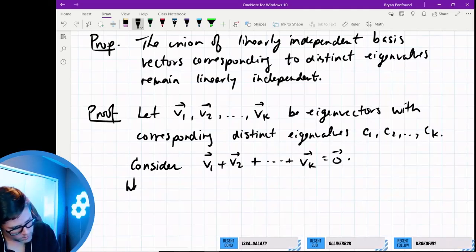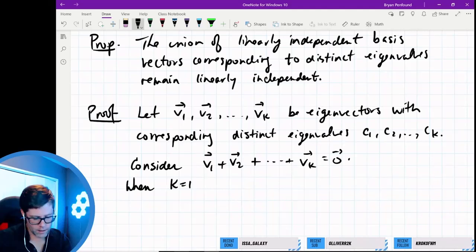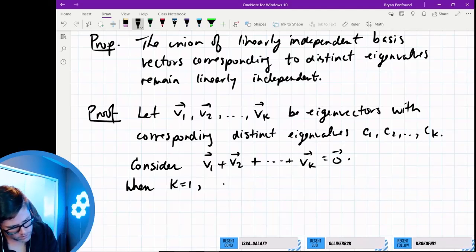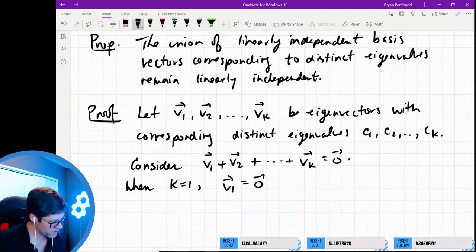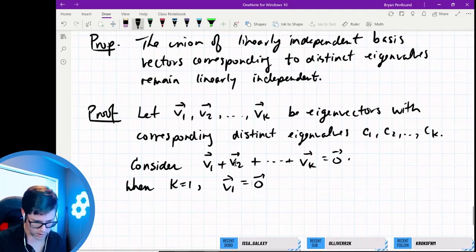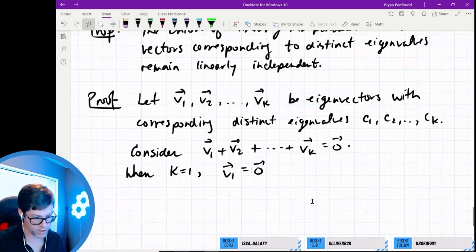So when k is equal to 1, I have a single vector, and so we have that v1 is equal to 0, and so our base case is true. Now what we want to do is start with our induction on k and see what happens as we start adding more and more of these vectors.